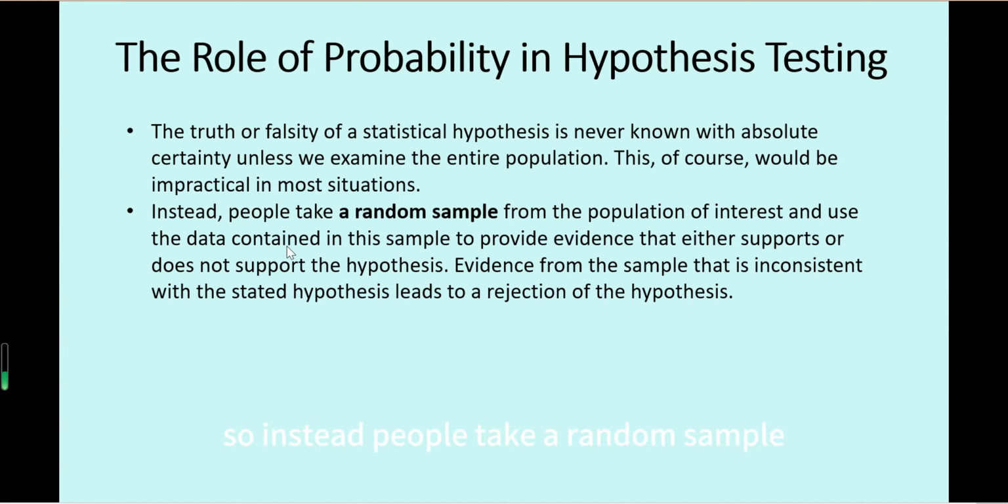So instead, people take a random sample from the population of interest and use the data contained in this sample to provide evidence that either supports or does not support the hypothesis. And if the evidence from the sample is inconsistent with the stated hypothesis, this means we will get a rejection of the hypothesis.